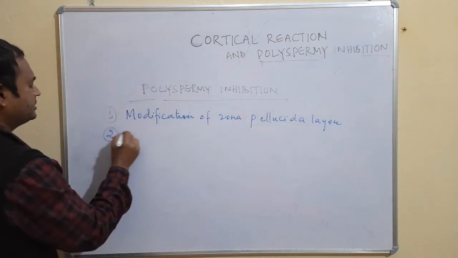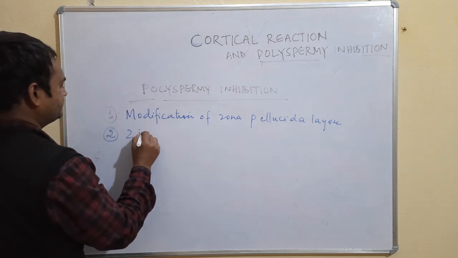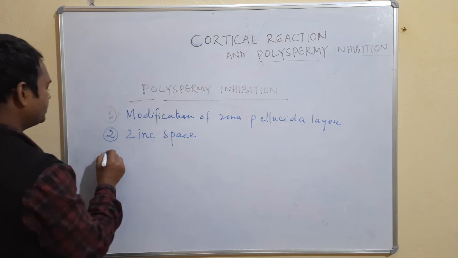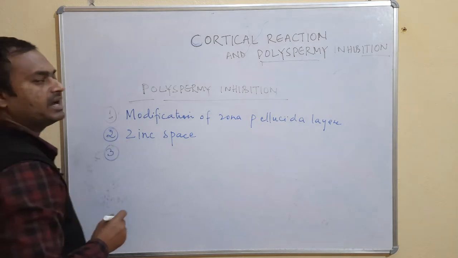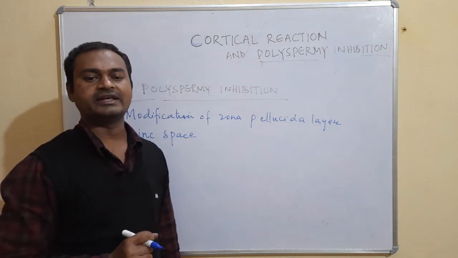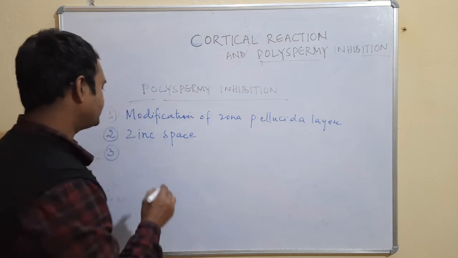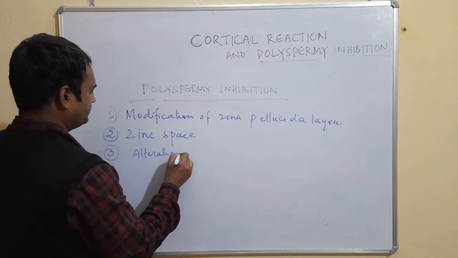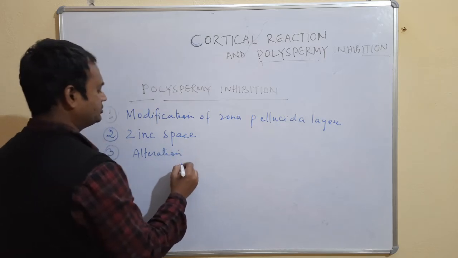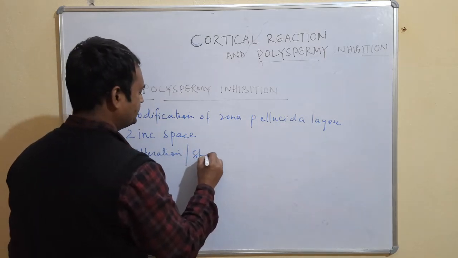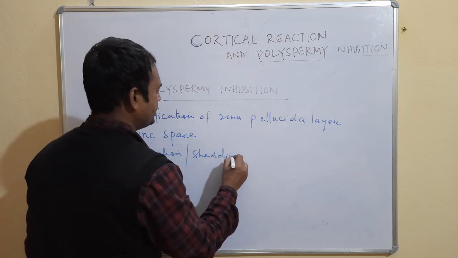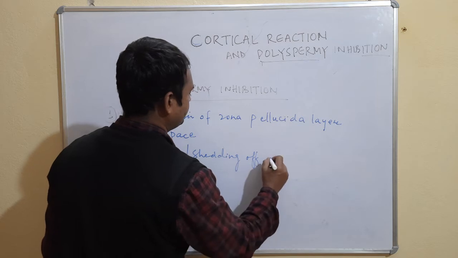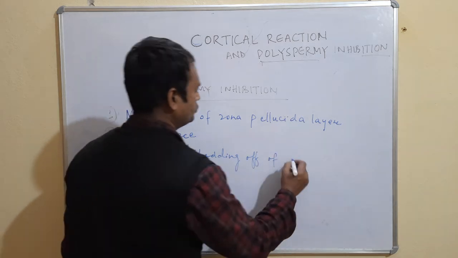Another one is the zinc spark. This is also a new concept. The third one is the alteration or shedding of the Juno protein.